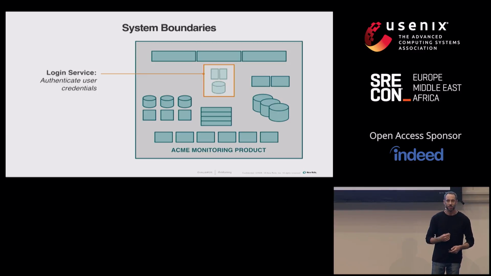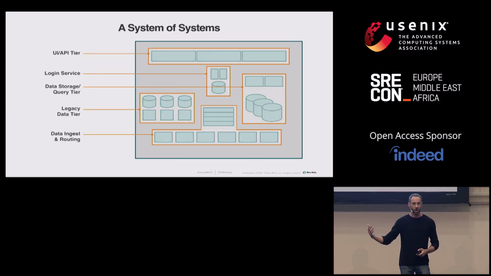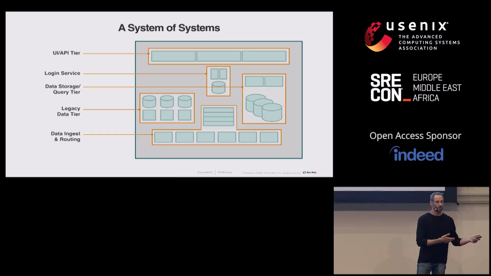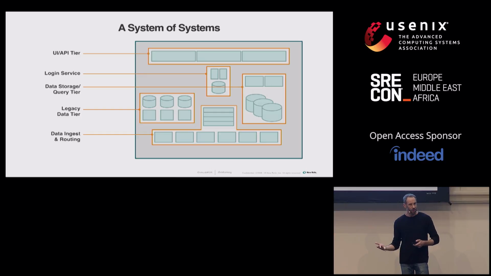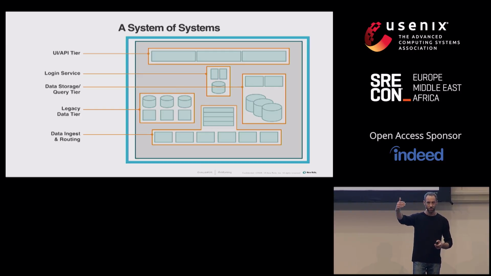customers. So now, using this idea of a system boundary, we can group together the components of this platform into logical units. We have some components that make up a UI tier, some services like our login service, some data tier components, an ingest component. And of course, there's one more boundary, which is the system boundary between this platform as a whole and the external customers, the end users.